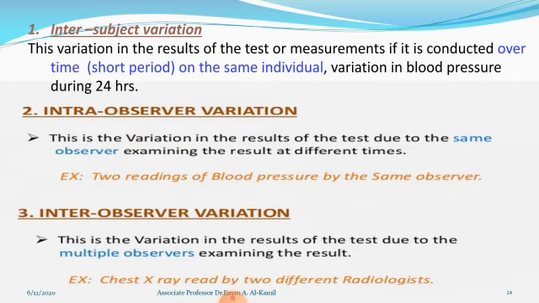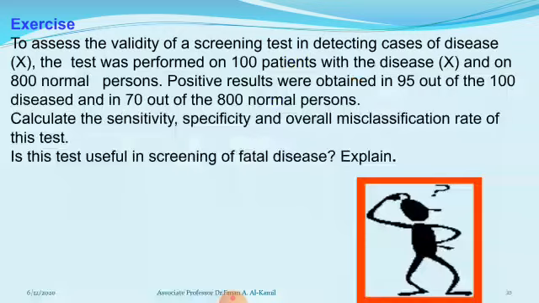While the inter-observer variation is the variation in the results of the test due to multiple observers examining the result. For example, a chest x-ray read by two different radiologists.